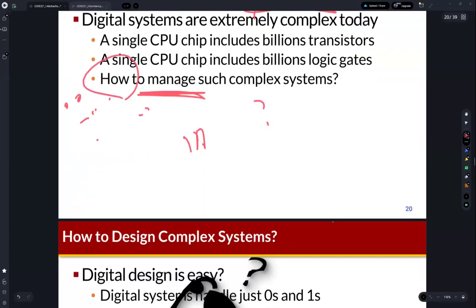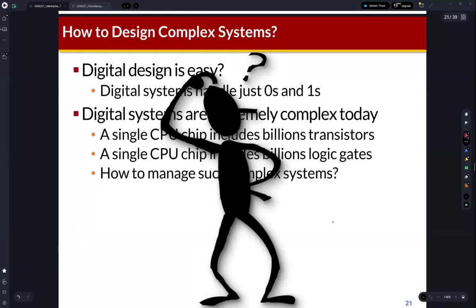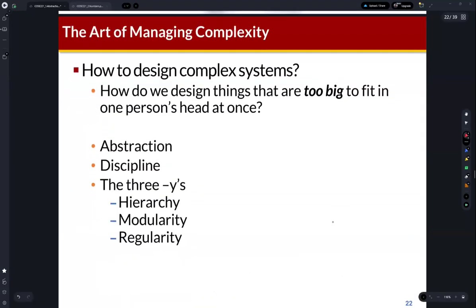I will explain the art of managing complexity in digital systems. As I mentioned, this is too complex, and too big to fit in our brain.